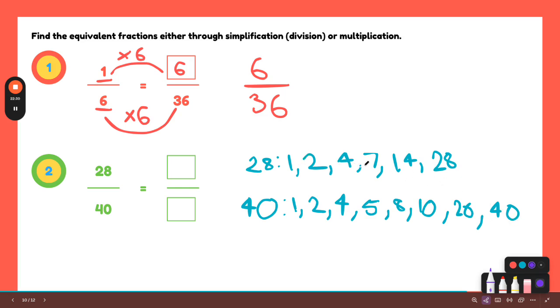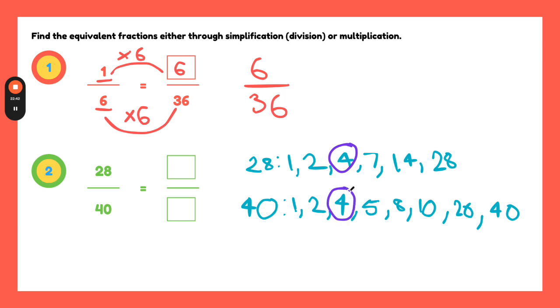So if we have a real close look, we can see that 4 is our highest common factor, or HCF, because it goes into both 28 and 40 without any remainders, and it's a common factor, i.e. it is a factor of both 28 and 40.